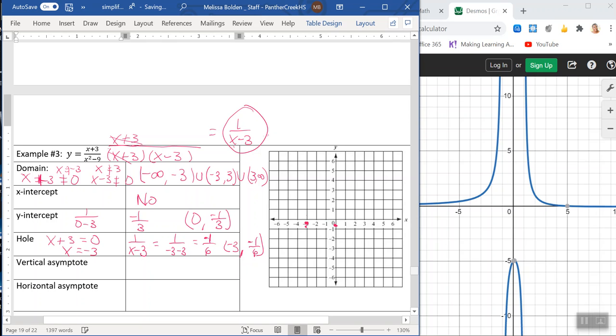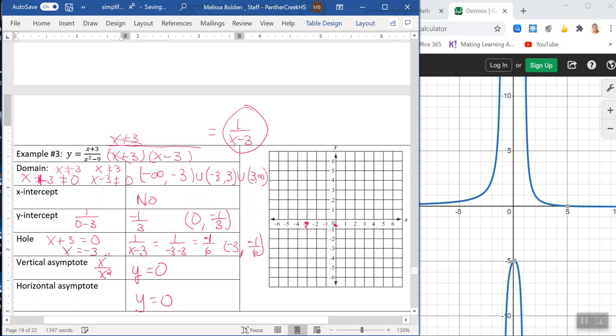I can't really tell. We're estimating this. These are not accurate. Our horizontal asymptote, again, the exponent at the bottom is bigger. So if we look at it, we have x over x squared. Since 2 is bigger than 1, the horizontal asymptote is 0. If the exponent at the bottom is bigger, the horizontal asymptote is 0.